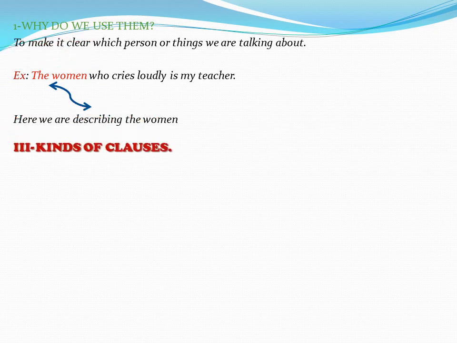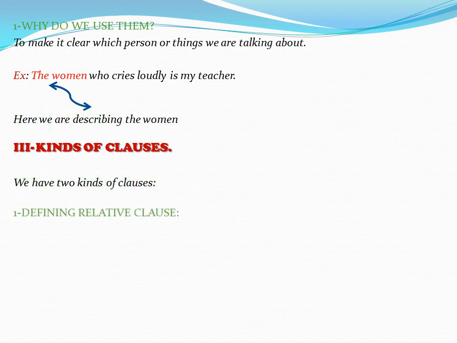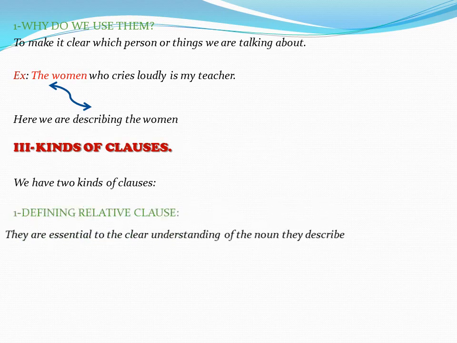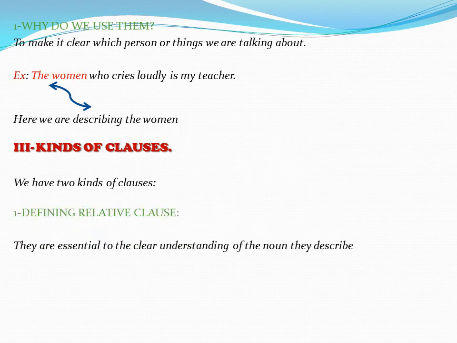So what kinds of clauses do we have? Mainly we have two kinds: defining relative clauses and non-defining relative clauses. Let's start with the defining relative clause. It is essential to the clear understanding of the noun it describes.